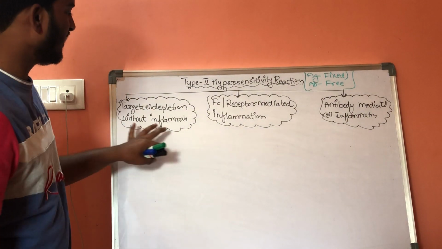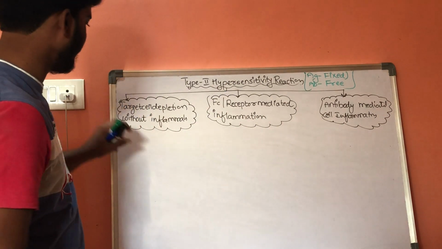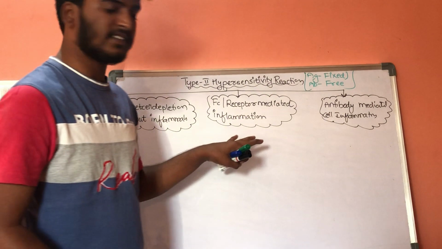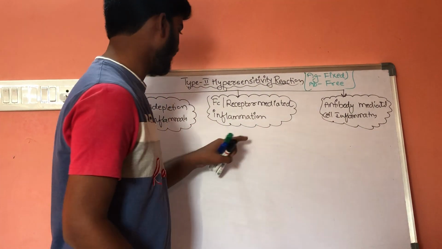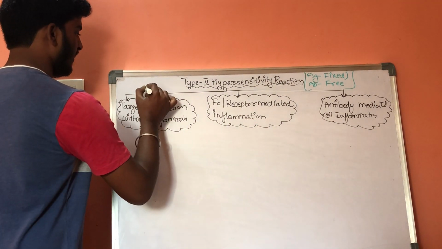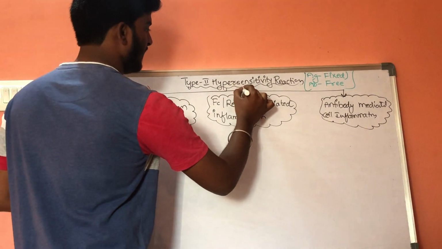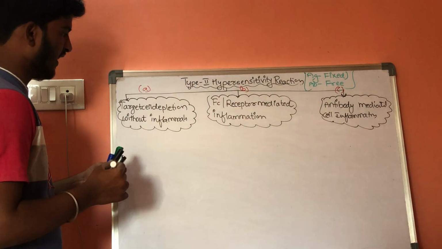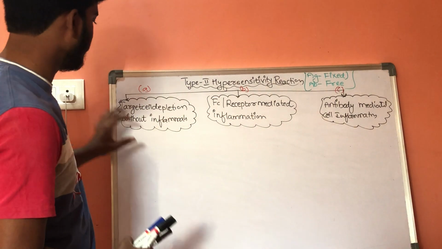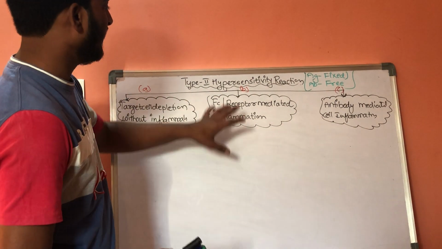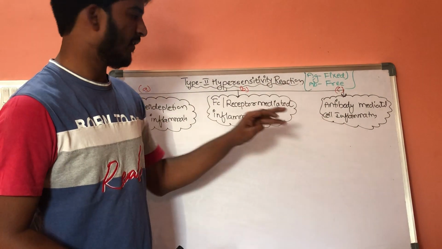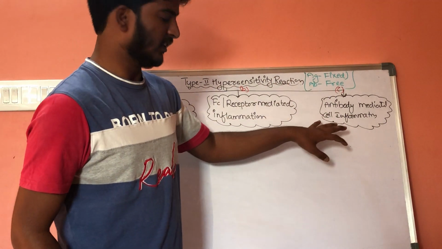So here there will be no inflammation process taking place in this type. In type 2, let us consider this is A and B and C. In A type of process there will be no inflammation process, but in case of B and C there will be inflammation process with the help of natural killer cells or neutrophils.